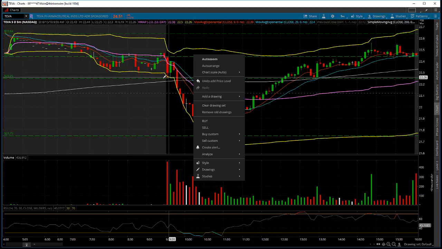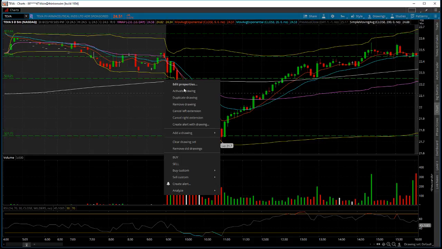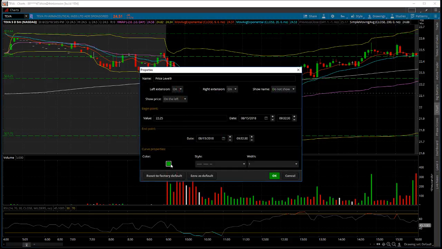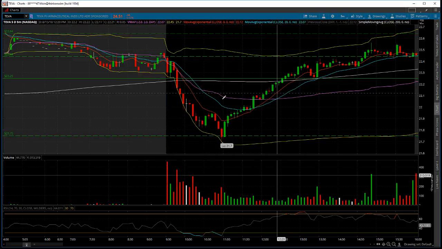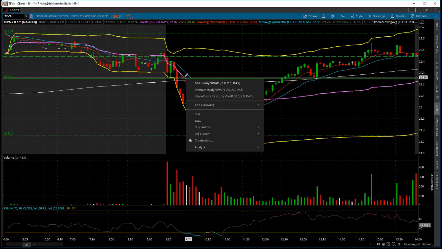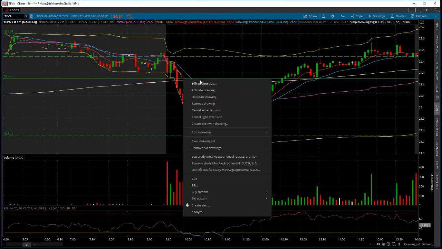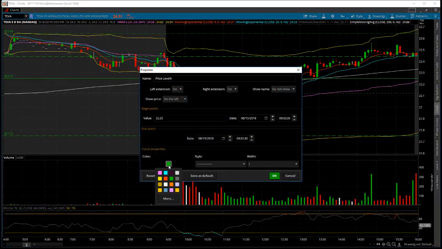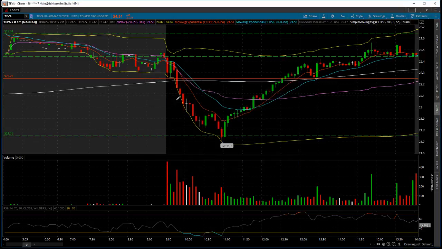So I know where the opening range low is. I know where the opening range low is, and if we got a big red candle, I'm just going to mark the low.